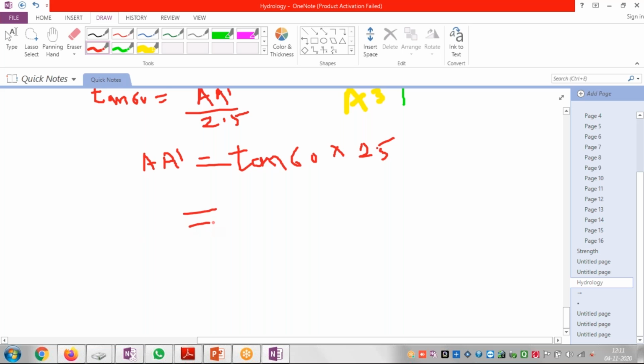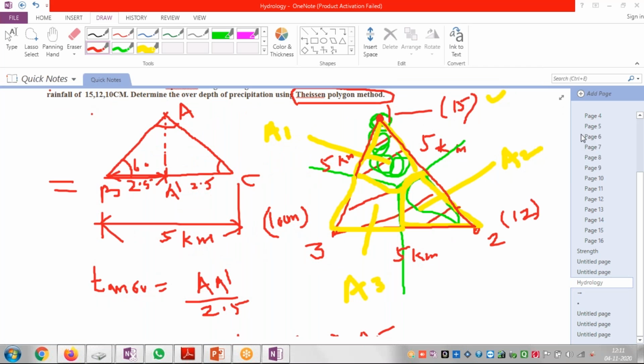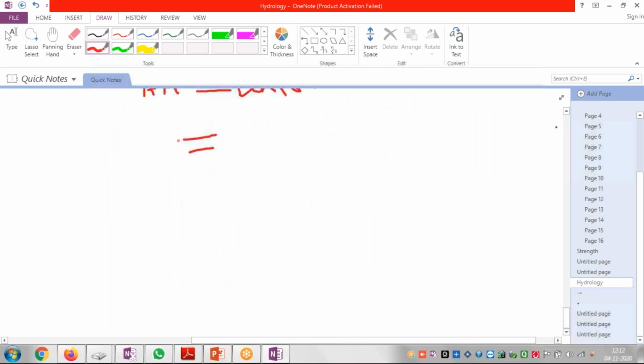So what would be the height of this triangle? Tan 60 into 2.5. Yes, 4.33. Correct. Very good. So we know that the height is 4.33 kilometer.